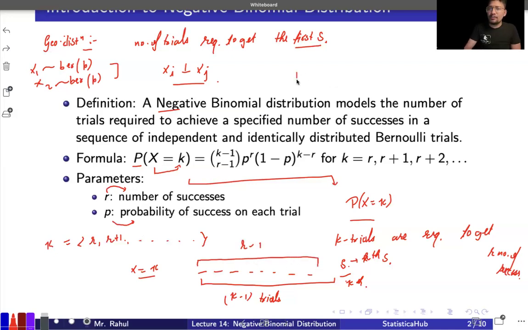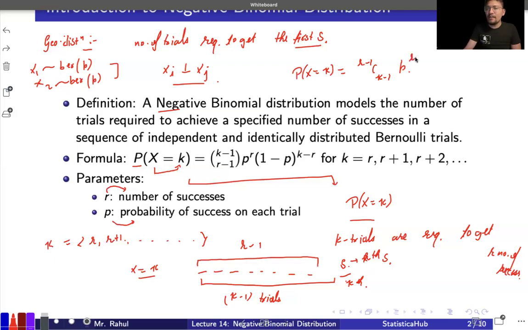So if we write the probability function, probability X equal to some K, you need R minus 1 successes out of K minus 1 trials. So K minus 1 C R minus 1, the probability of success P raised to R minus 1, and there will be the final one.